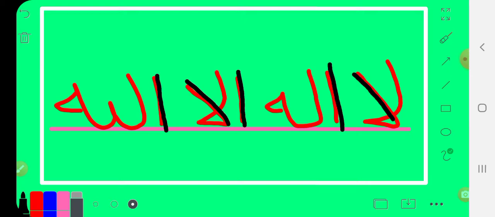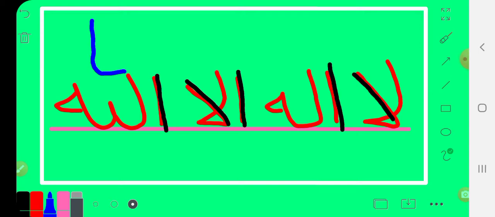Then we have the lam. Now the lam is written like we write in English. If you want to write an l, as in look or like, you write it like that.